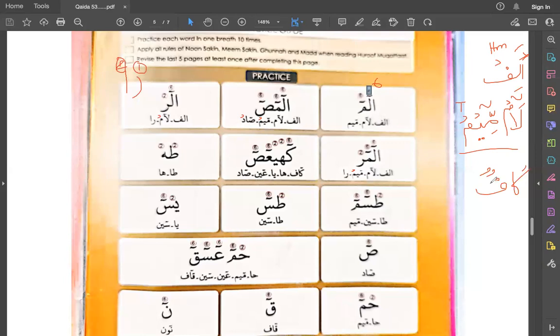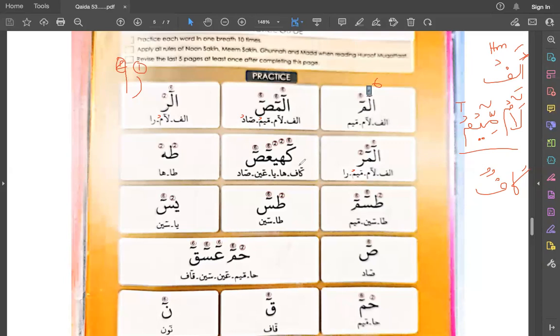But you remember I told you that all scholars are agreed that whenever you are saying huruf muqatta'at, you are stretching it six counts long. So instead of four counts or five counts long, you are stretching it six counts long here, because our Rasul sallallahu alaihi wasallam told us to do that.